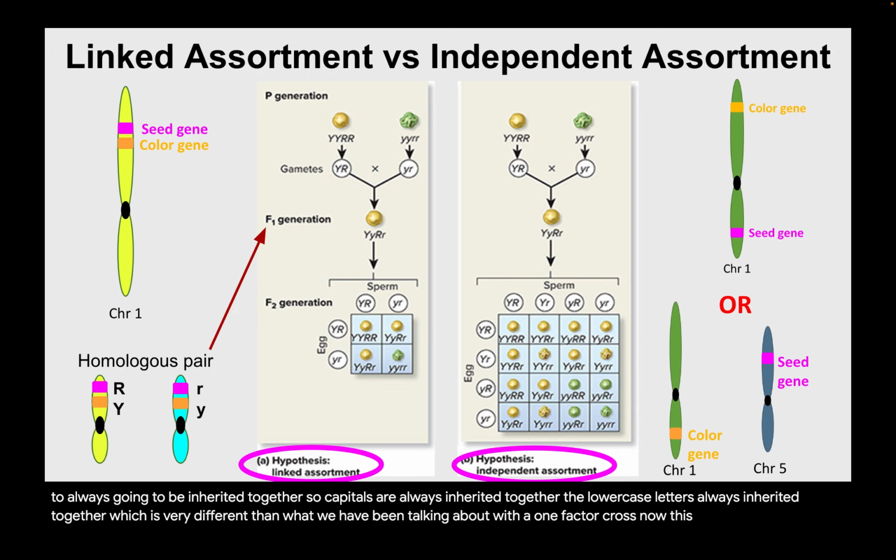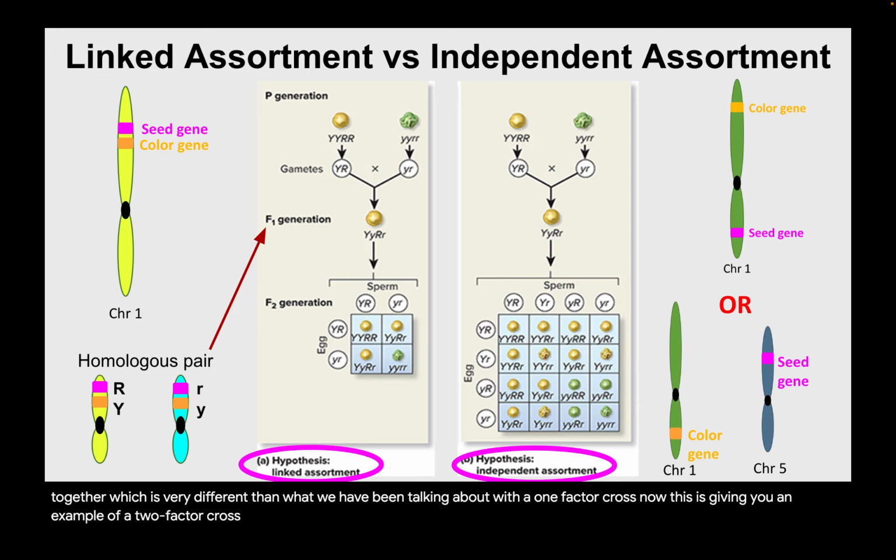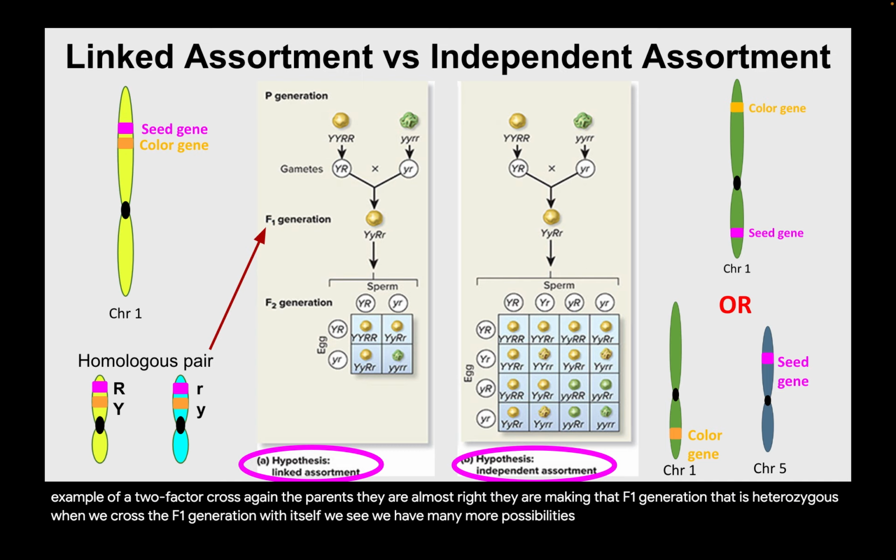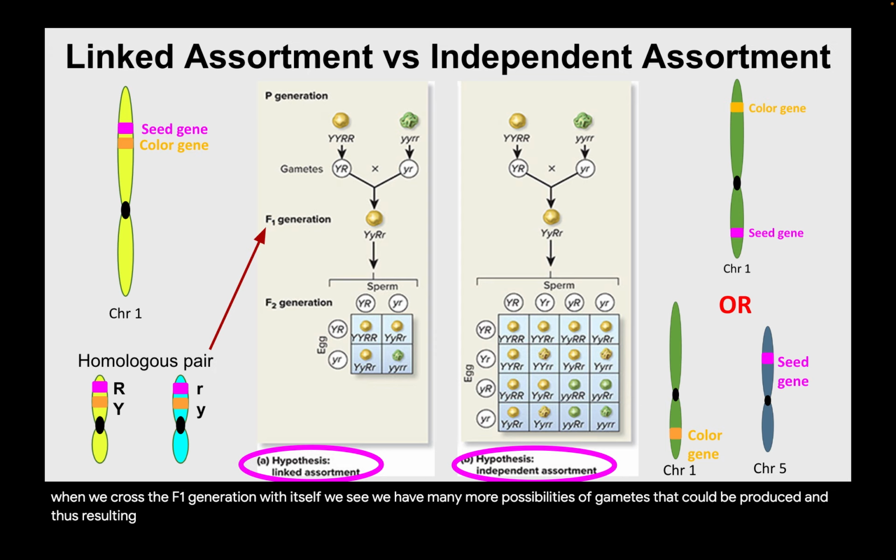Now this is giving you an example of a two-factor cross. Again, the parents, they are homozygous for their traits. They are making that F1 generation that is heterozygous. When we cross the F1 generation with itself, we see we have many more possibilities of gametes that could be produced and thus resulting offspring. Many more possibilities because they're not linked.